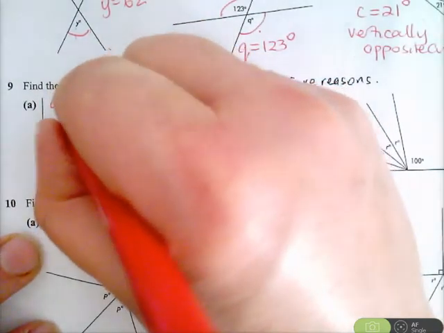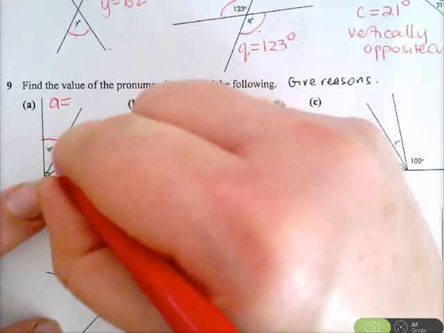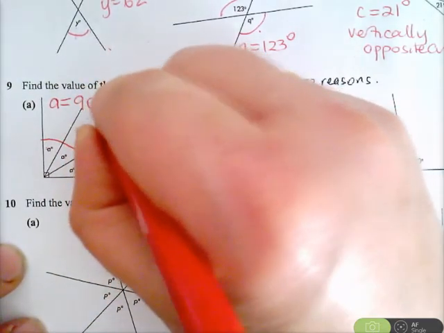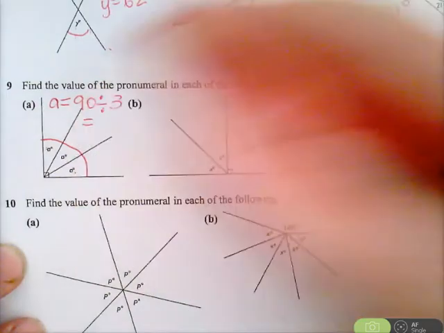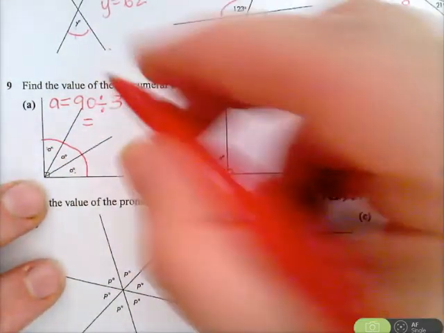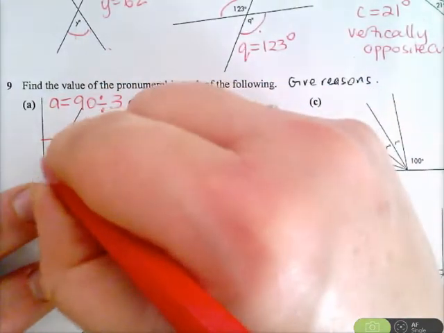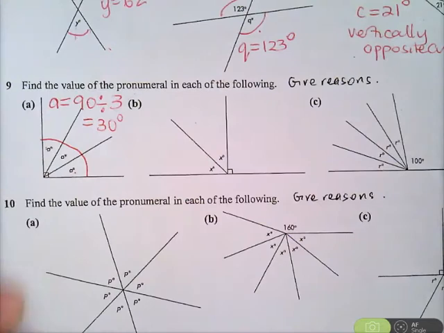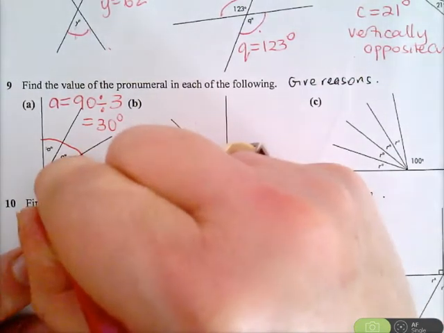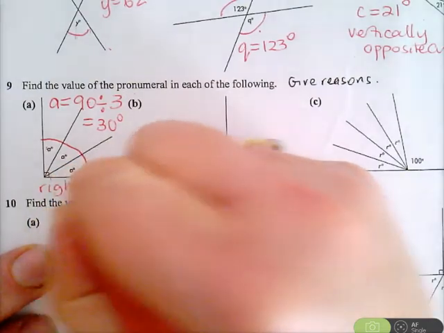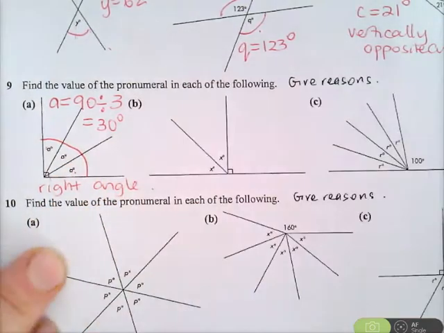So A plus A plus A is 90, or A is 90 divided by 3, because there are 3 angles the same size that make up the 90 degrees. So we're dividing the 90 degrees into 3 equal sizes. So therefore A is 30 degrees, and the reason is we've got a right angle.